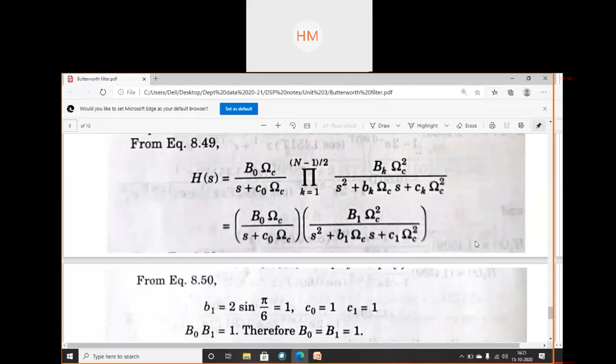So the next step is to write the transfer function by putting all the values in it.